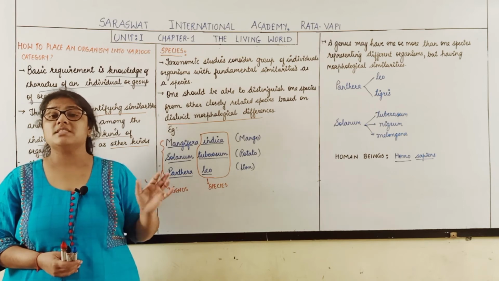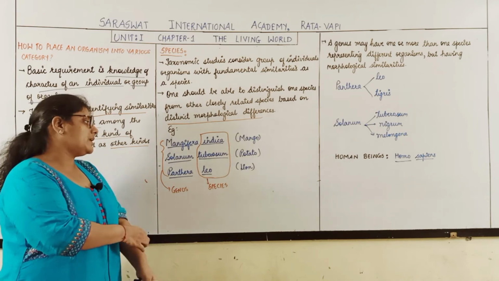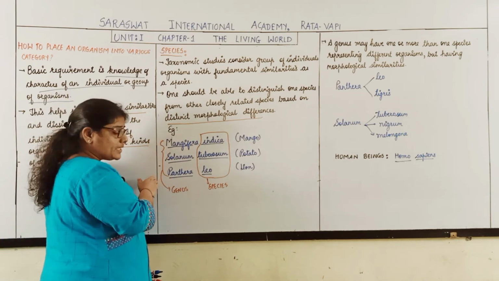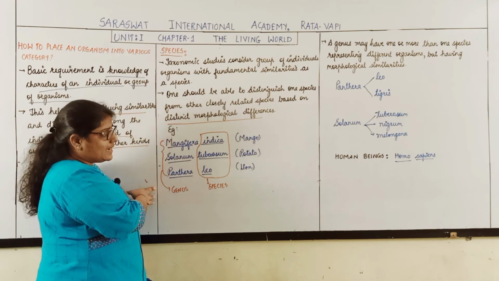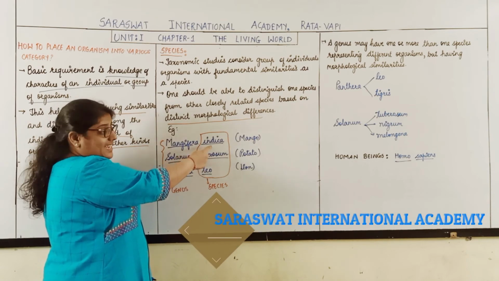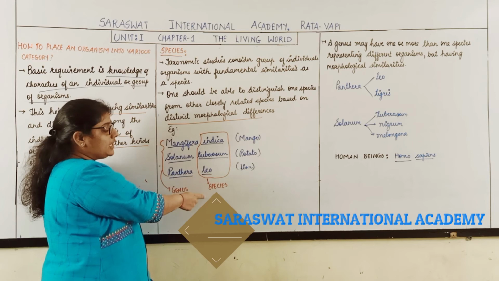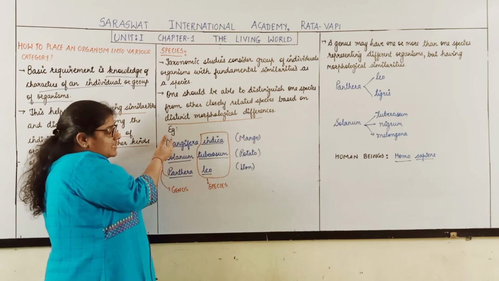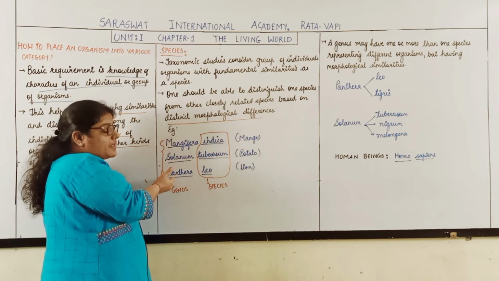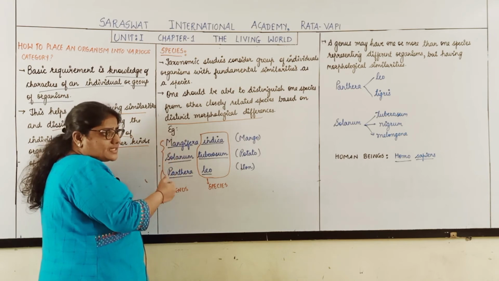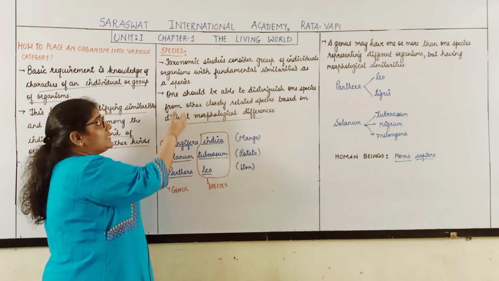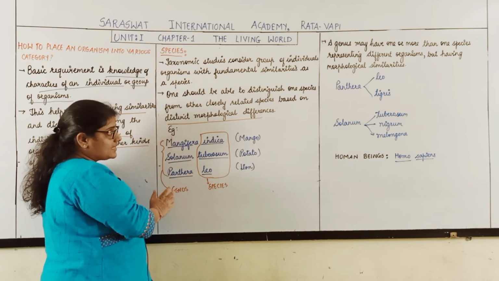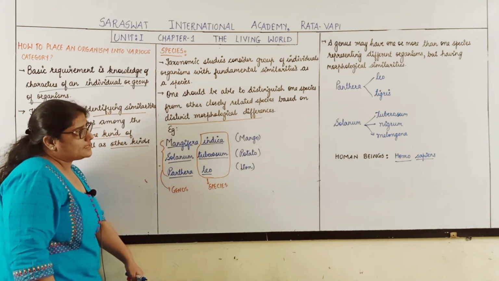Remember these universal rules of binomial nomenclature. In these three examples, the terms indica, tuberosum and leo indicate the species. The first terms, Mangifera, Solanum and Panthera, represent a higher category than species, and that category is genus.